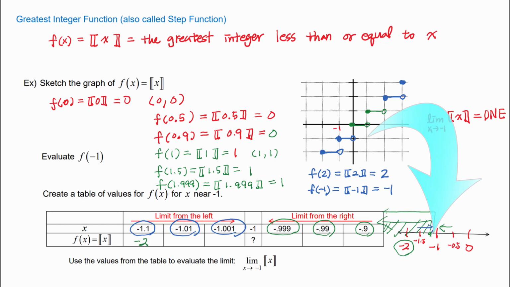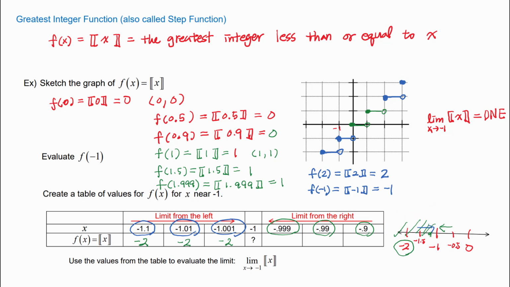The greatest integer less than or equal to -1.01 is still -2. How about if x was equal to -1.001? It still lives on the left-hand side of -1, so the largest integer less than or equal to that number is still -2.